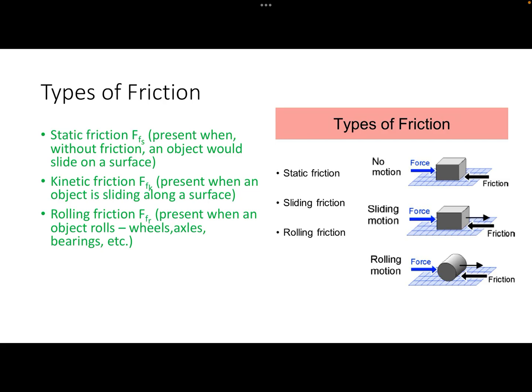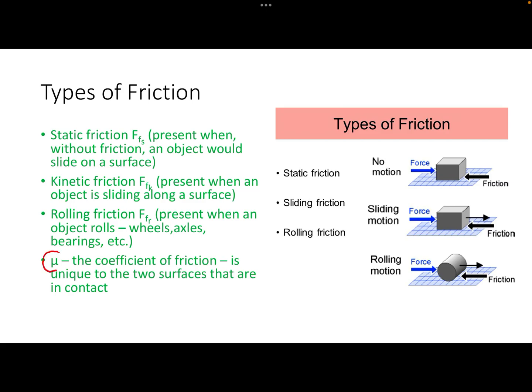It turns out that we have a variable that we use in place of the word coefficient, and that variable is this weird one right here. It's mu, the Greek letter mu. It looks like a U with a little tail in front of it, and it's spelled m-u. This is the coefficient of friction.